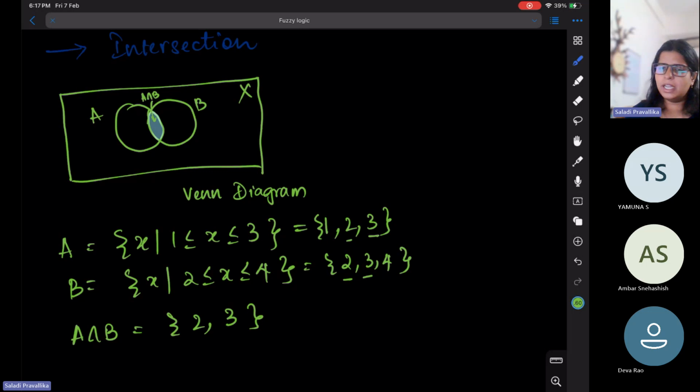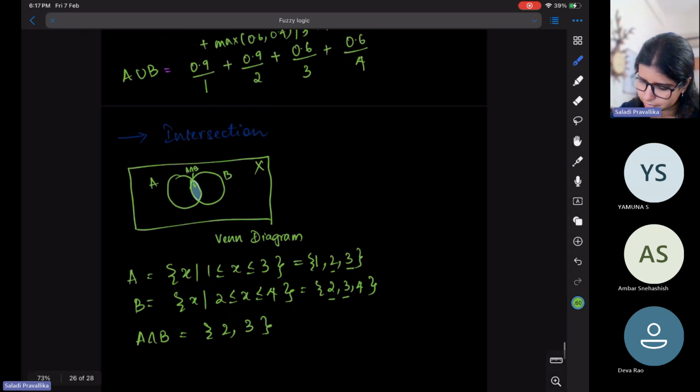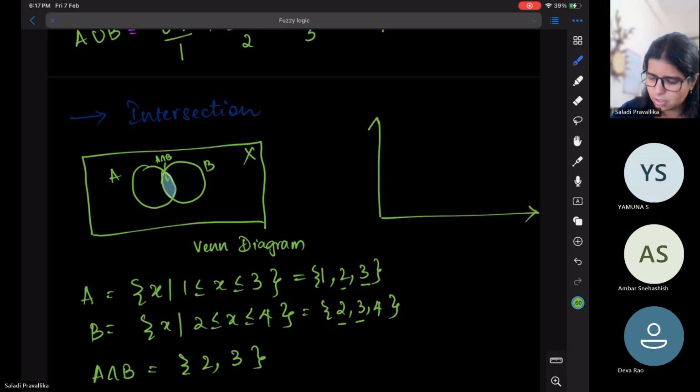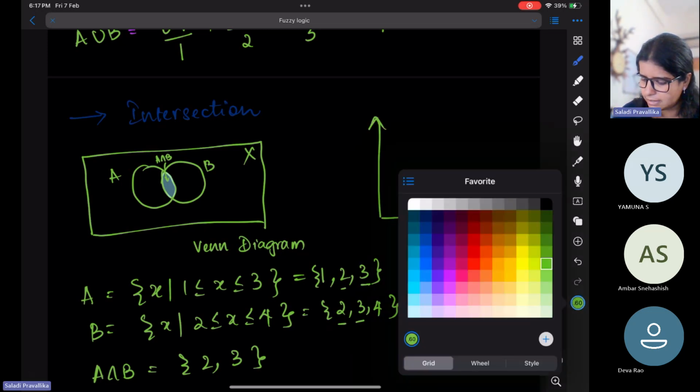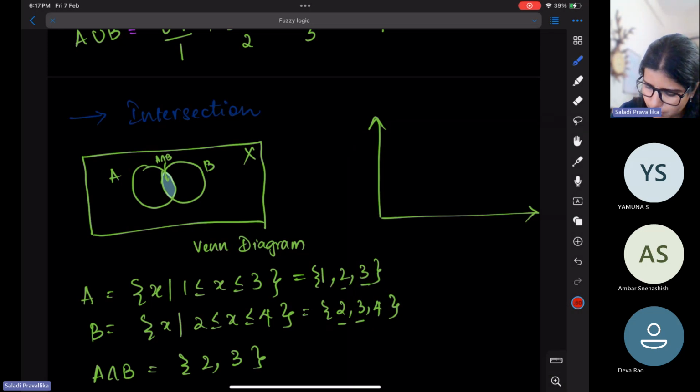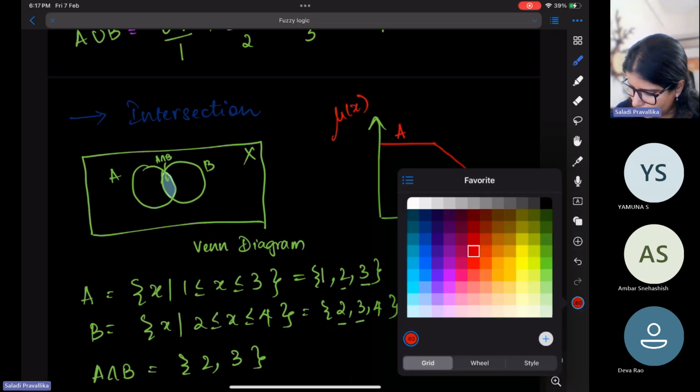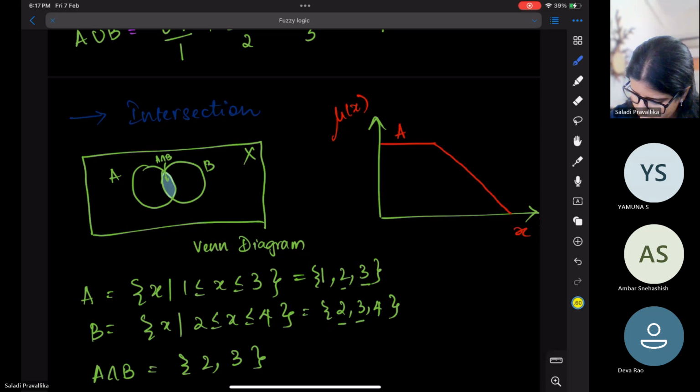Now let's look at fuzzy sets. Let us take the same example as before. Let's call this fuzzy set A, with membership function values on the y-axis and x values on the x-axis, and let's take a triangular membership function here.